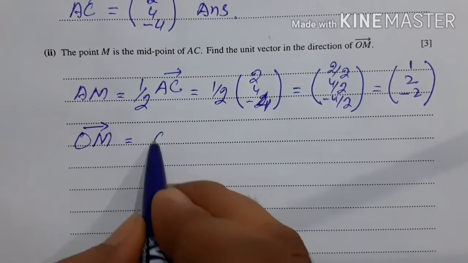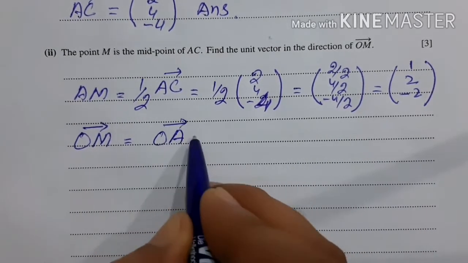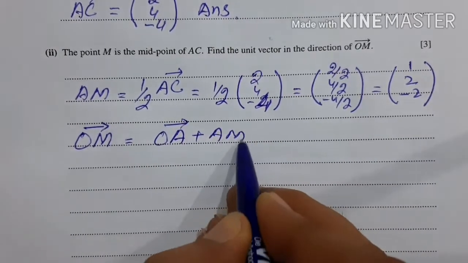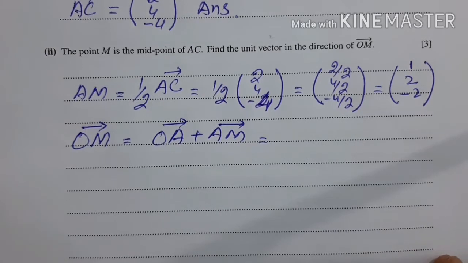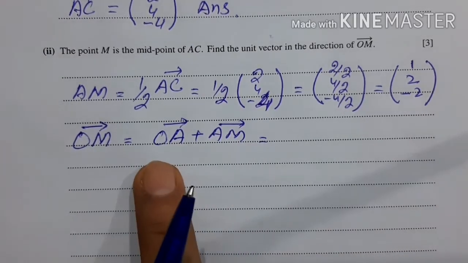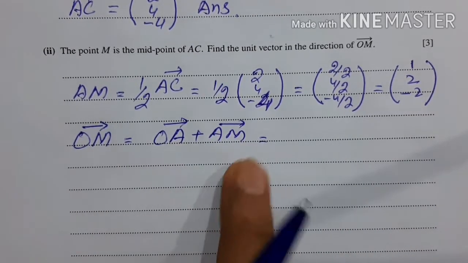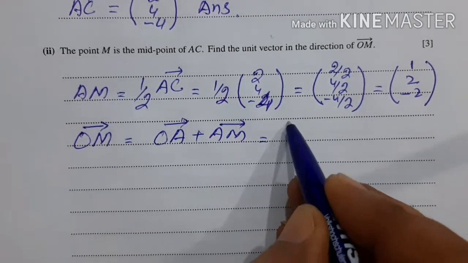It will be OA plus AM, that is, O to A and then A to M. So put the values.